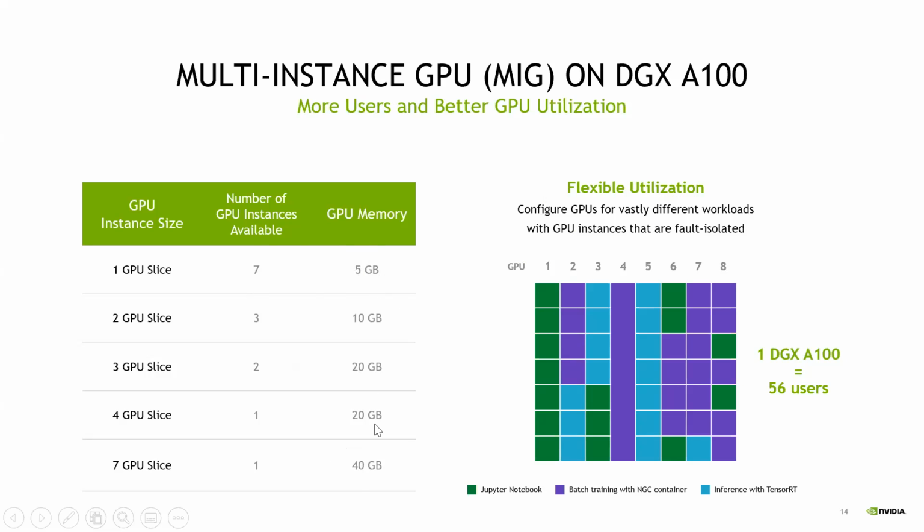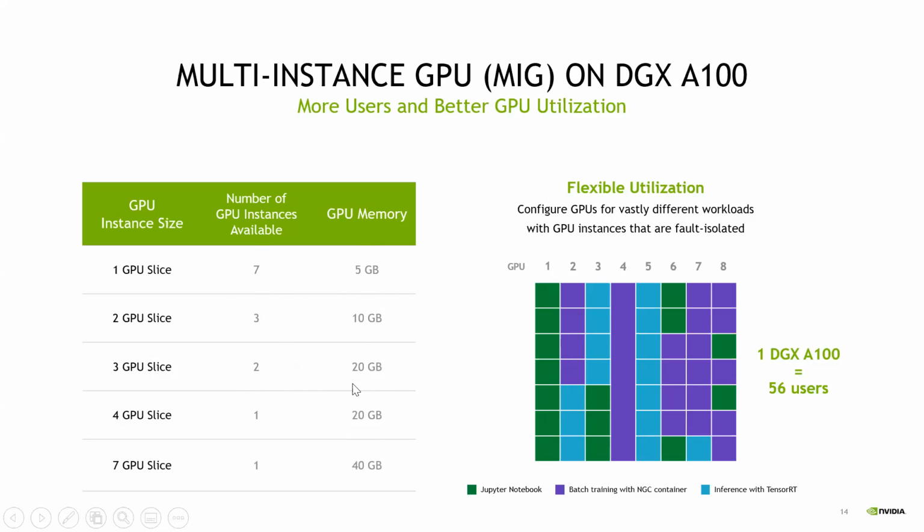But right now it is like this: if you have a 40 GB GPU, you can create 7 instances of 5 GB, 3 instances of 10 GB, 2 instances of 20 GB, and there is another 20 GB instance. Over here there are two different kinds of scenarios, that is, you get different kinds of SMs.